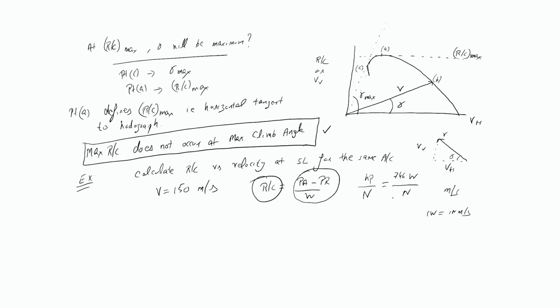So you will get 746 Newton meters per second upon newtons. So you multiply power available minus power required, divided by W, by 746, and finally you will get the answer in meters per second.